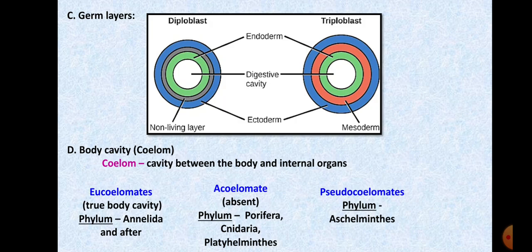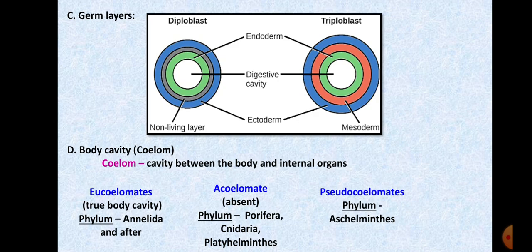So we higher animals are triploblastic. We have endoderm, the most internal germ layer, mesoderm, the one in the center, and ectoderm, the one at the outside. You can see the difference looking at the diagrammatic representation given on your screen.